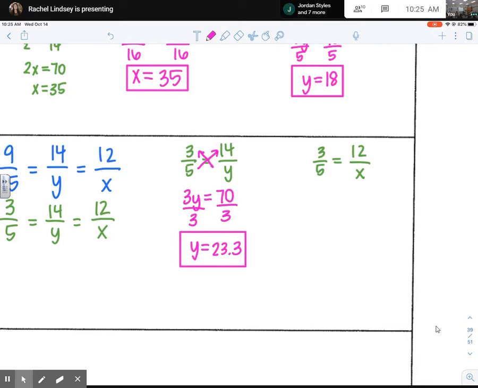Okay, you're going to do the same with x. Cross multiply, 3 times x is 3x. 5 times 12, what's that give you? 60. Then divide by 3, and x does equal 12.